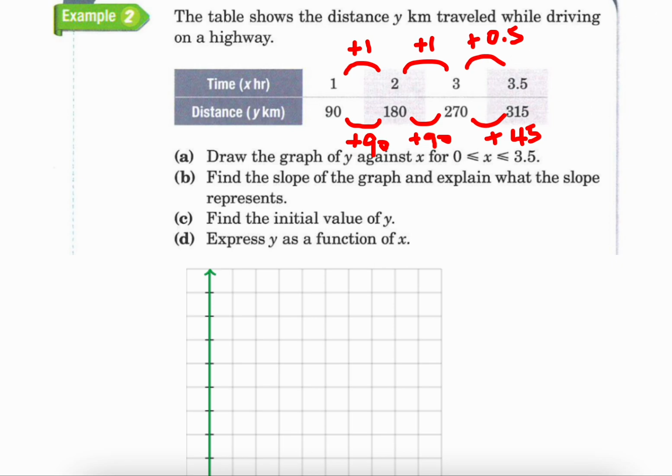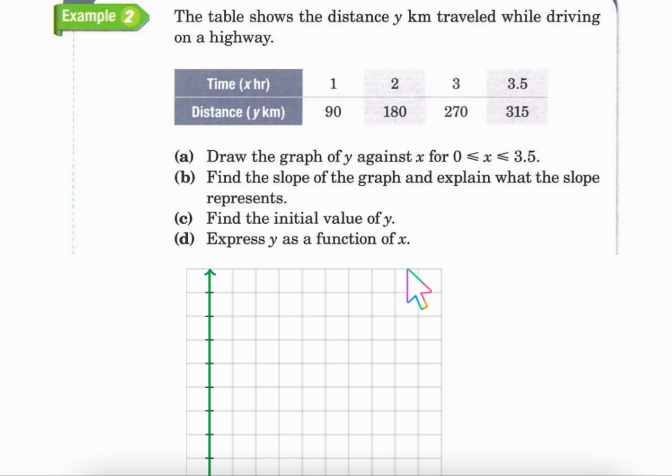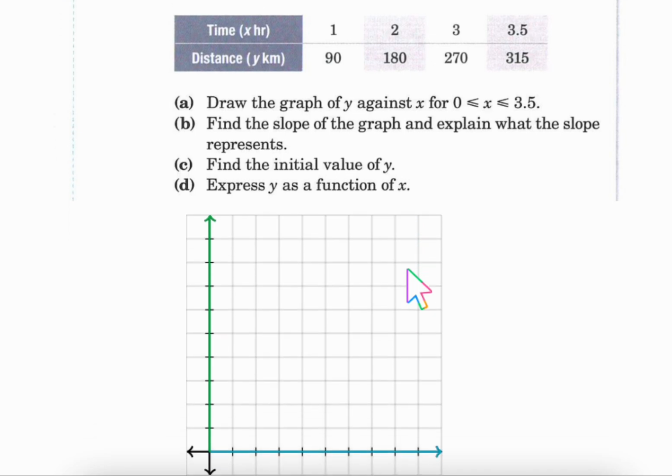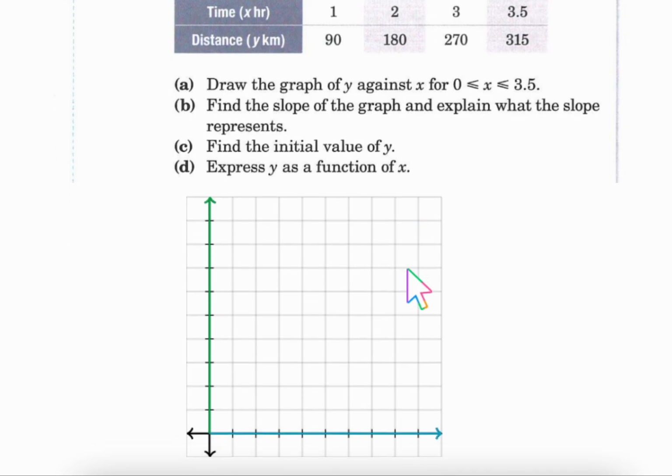All right, so back to the task. This problem wants us to first draw the graph of y against x for just the values of x greater than or equal to 0 and less than or equal to 3.5. This is why our graph only shows quadrant 1.